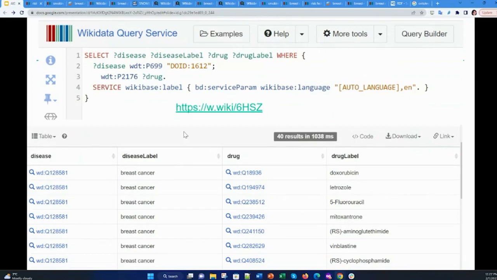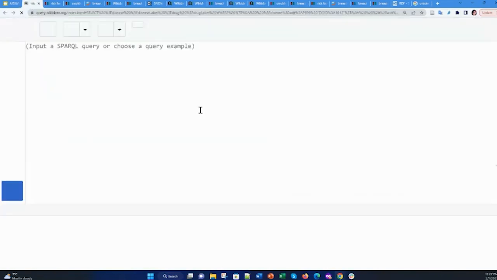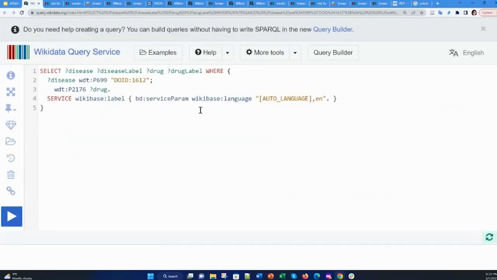Let's now go to an example on Wikidata. Wikidata provides a query service, which allows us to search for different data and different relations between them.